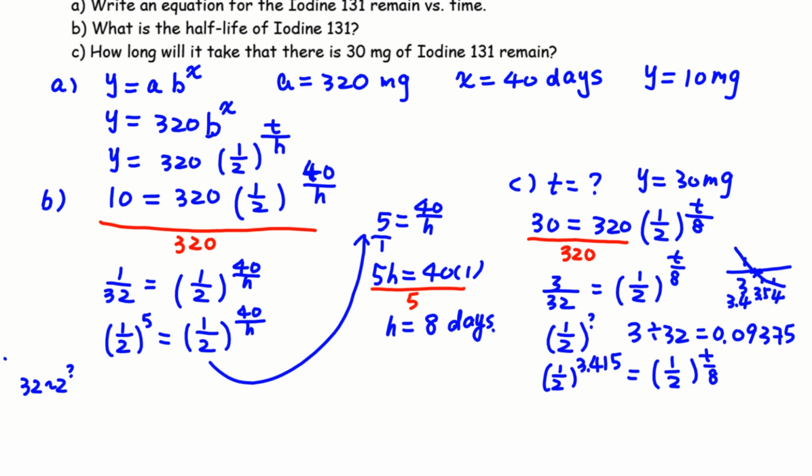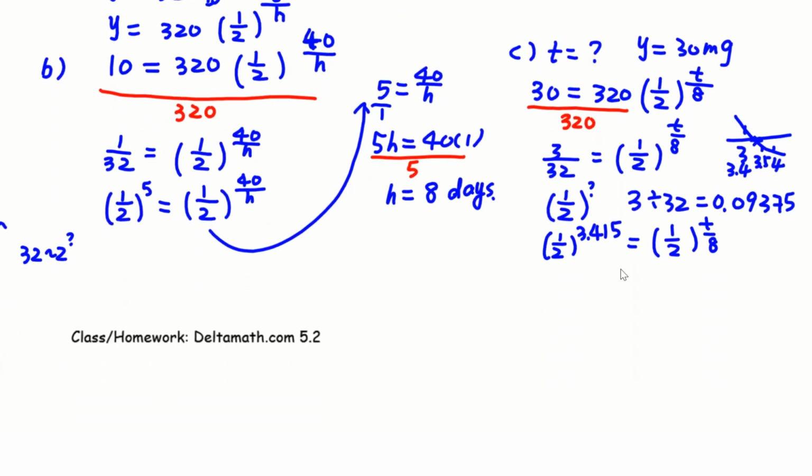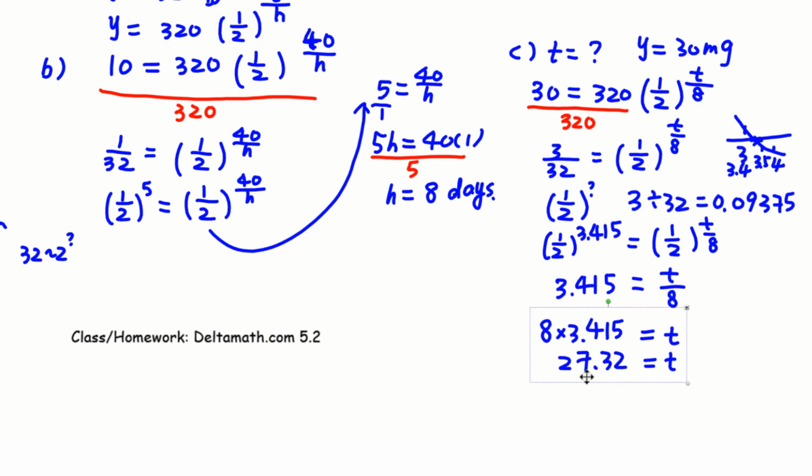Then we could write the exponents equal, so 3.415 equals t over 8. Then we bring the 8 to the other side to solve for t. The opposite operation is multiplication. So 8 times 3.415. Then we have the time equals 27.32 days. Then write a statement.